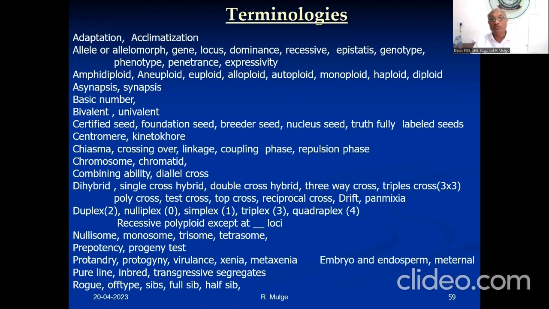Monoploid is an organism with the basic chromosome number. Haploid is different. Haploid means that at the time of meiosis, 50% of the chromosomes go to the different poles. But that need not be the basic number. For example, in tetraploid, like your potato, there are 48 chromosomes, and the haploid number becomes 24 at the time of cell division.